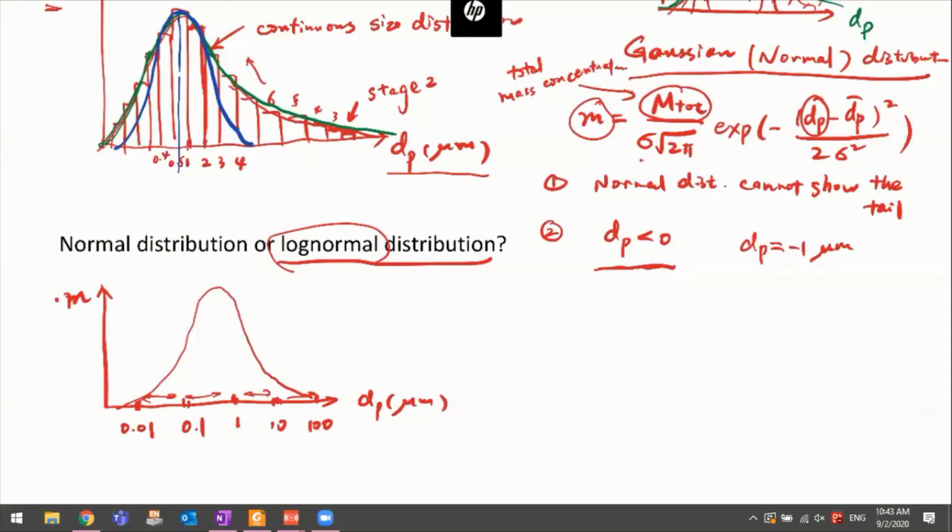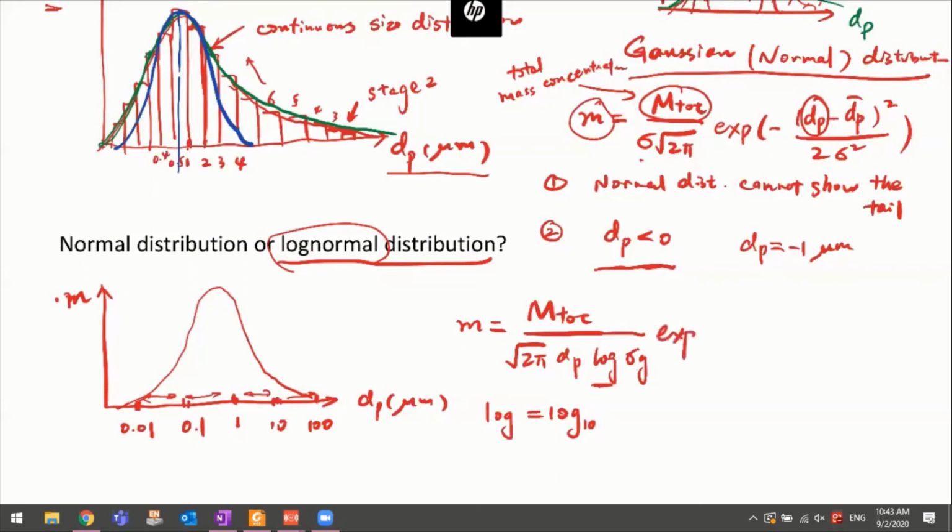And at the same time, if we look at the equation describing the log normal distribution, it has an equation of dp log sigma g. Here I just write log, and I mean log 10 here, okay? Exponential minus log dp minus log dpg.